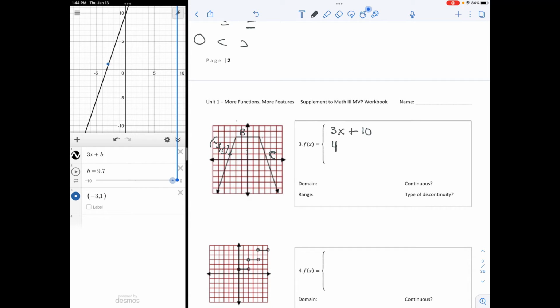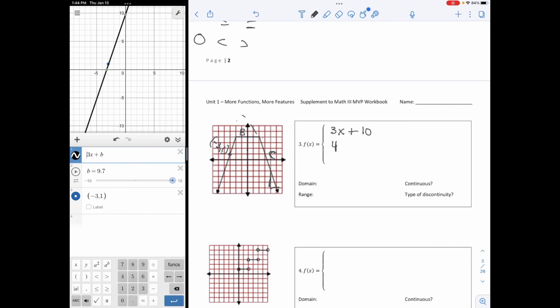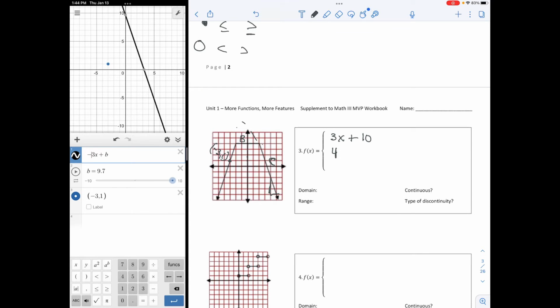And then for my last one, I have to see where it crosses my y-axis. So it also has a slope of 3, but it's negative. So this would be y equals negative 3x plus b. And I need an ordered pair that it's going through. So what ordered pair is this going to go through?